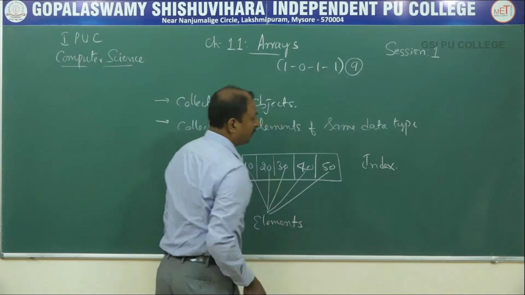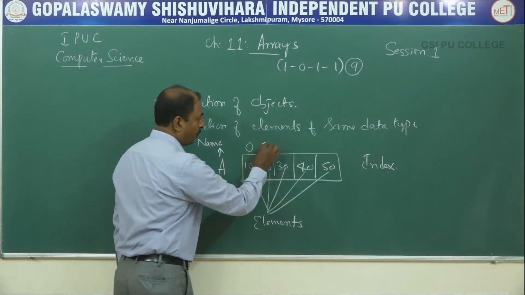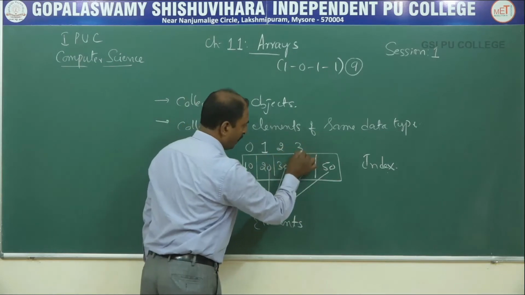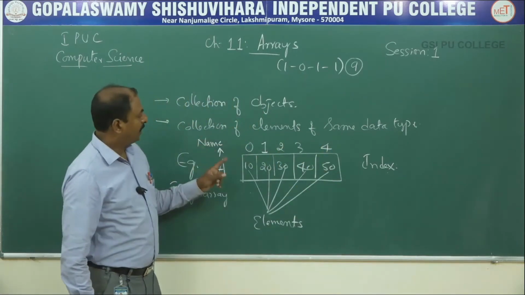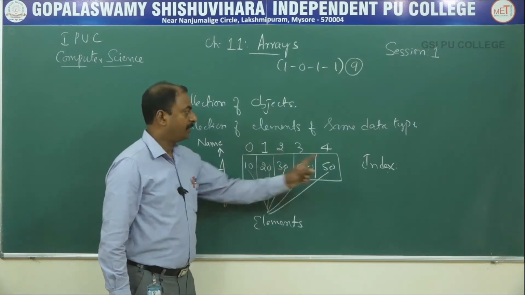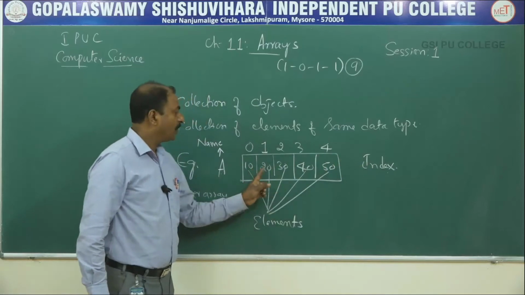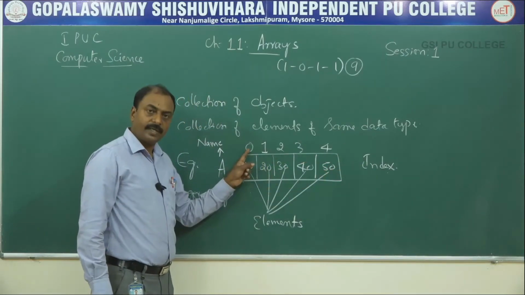The array index always starts with 0, and the next index will be 1, 2, 3, 4. We refer to the array elements through index, and here 0 is the index of the first element.